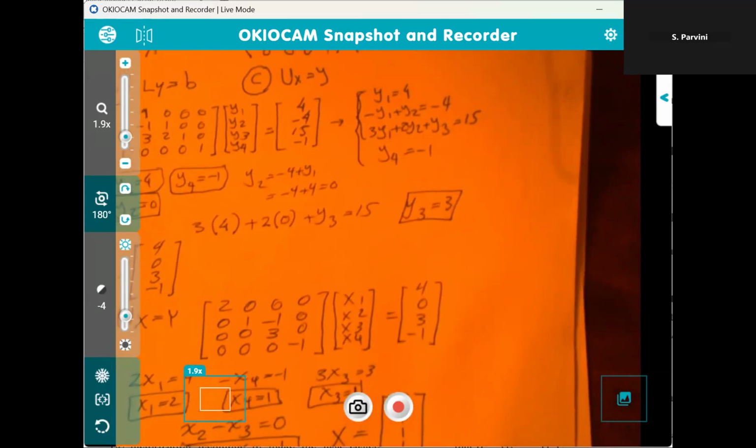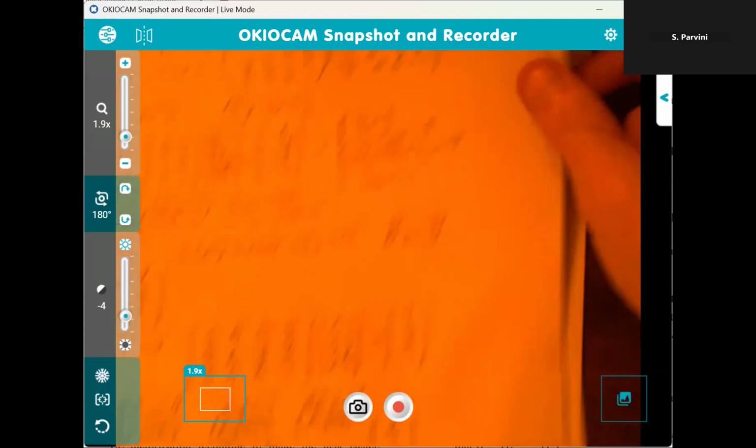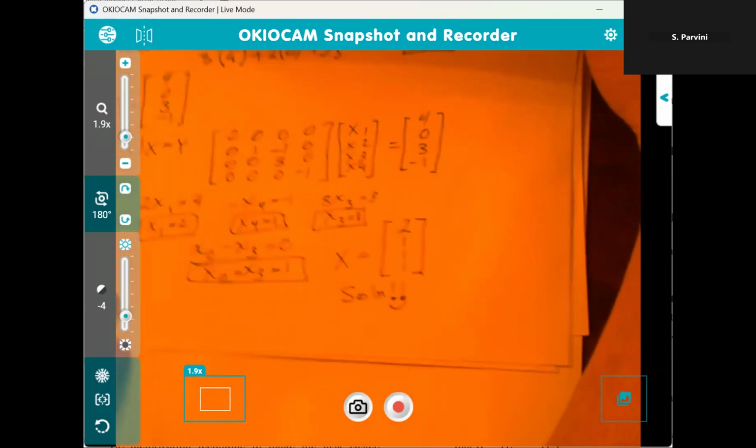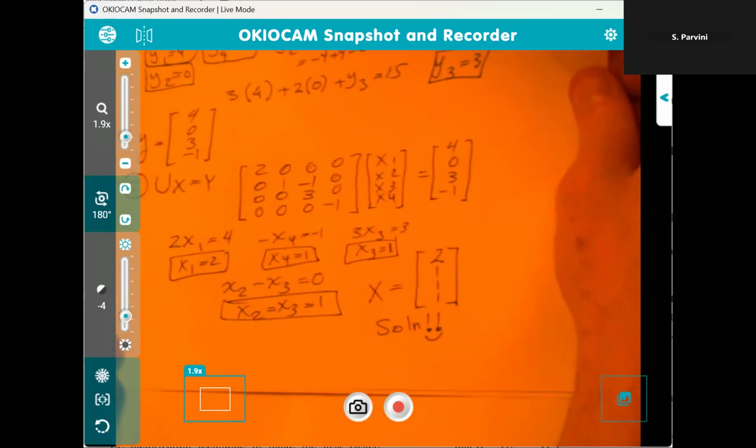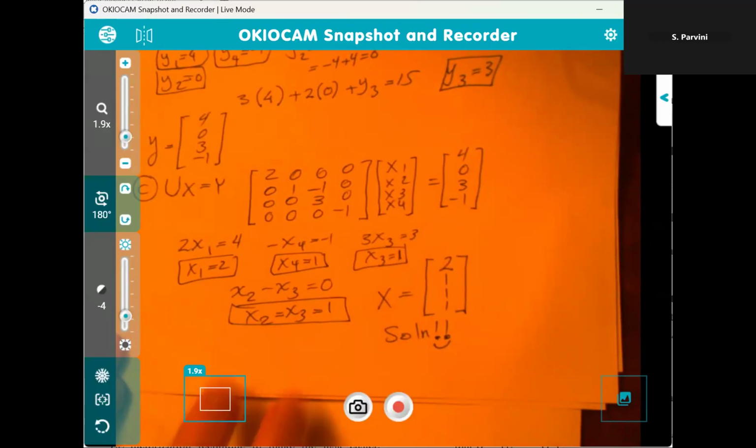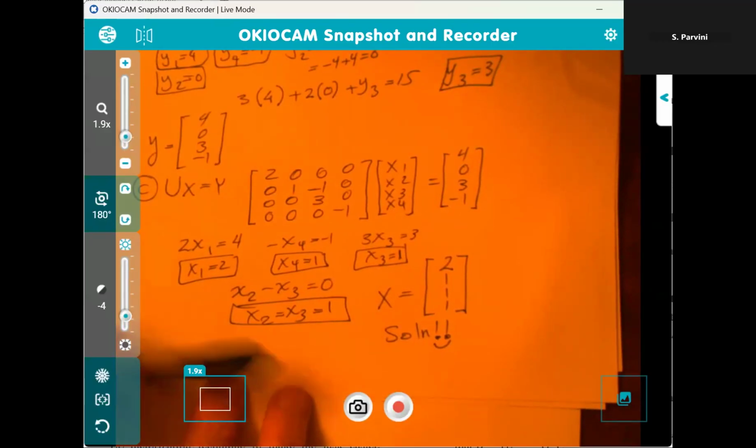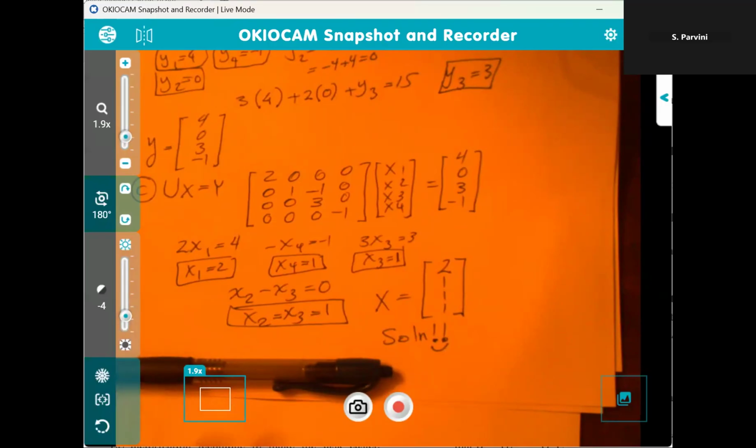There you have it. I'm sorry, I'm kind of out of margin here. There you have it. Is everyone okay on this example? Yes. Perfect. Sorry about the headache, everyone.